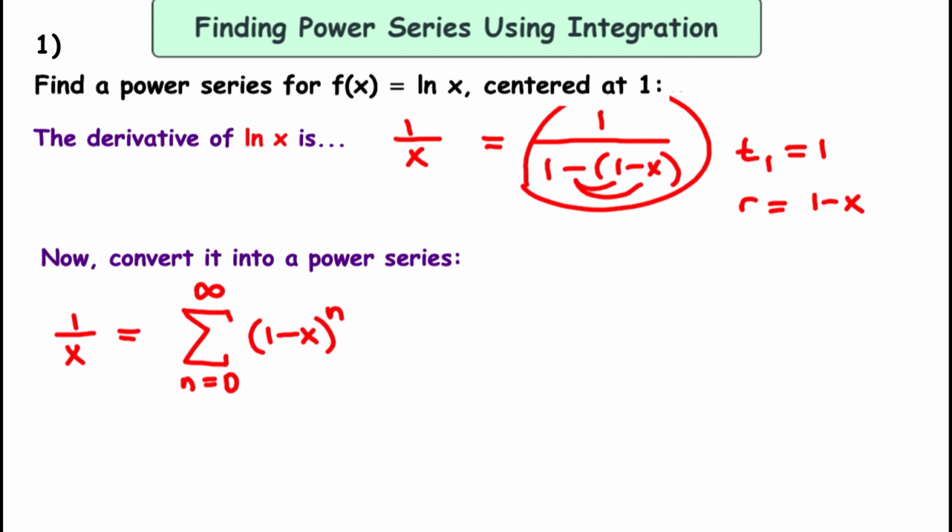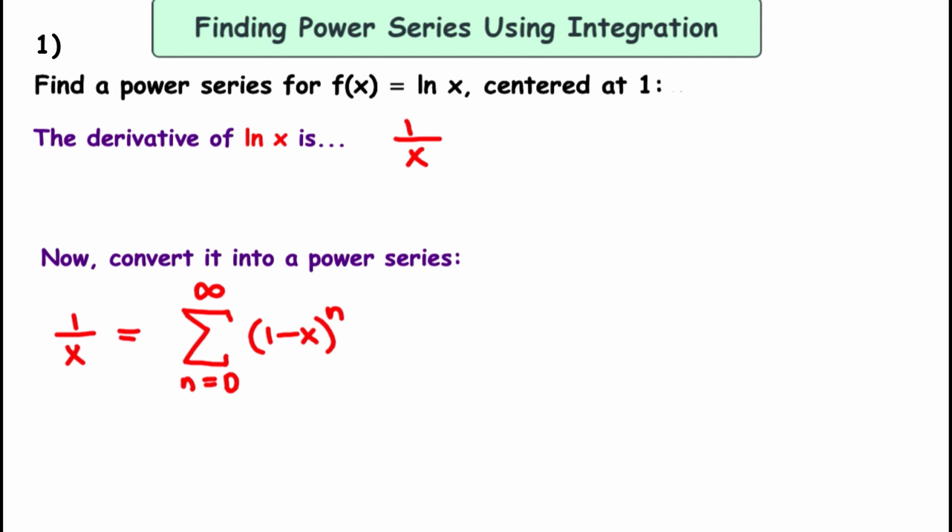All right, that's great, but the problem itself didn't say find a power series for 1 over x. It said find a power series for natural log of x. So I need to take the integral of this thing. Now, there's two ways I can do that. I can just integrate the formula itself, or I can integrate term by term. I'll do both.